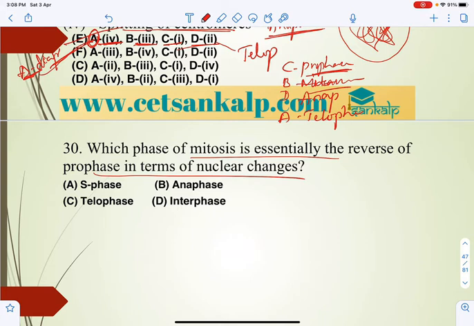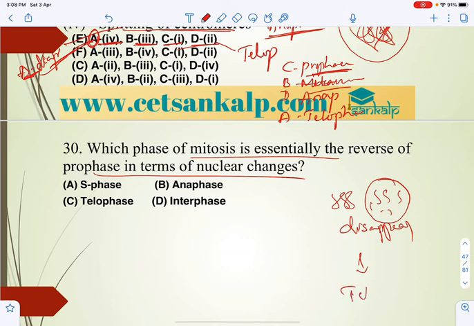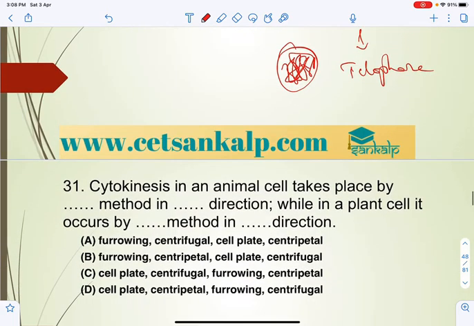Generally condensation starts in the prophase, right, and all those organelles are going to disappear. So all these things are going to reappear in the telophase, and where condensation occurred, uncoiling takes place once again. So that is the case of telophase. So the answer for that is C.